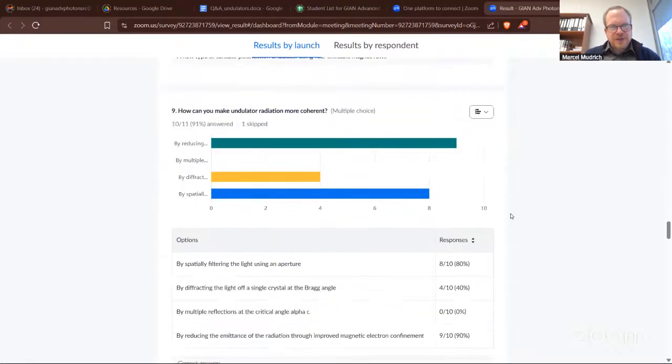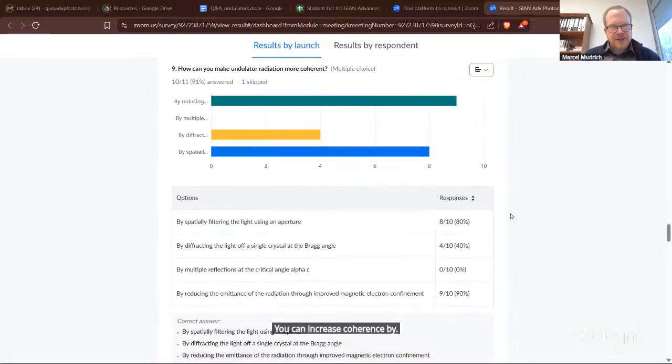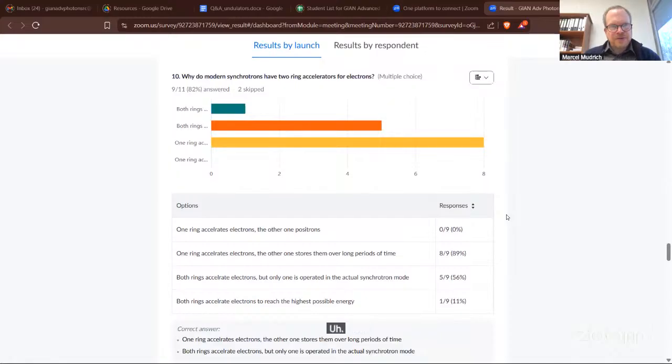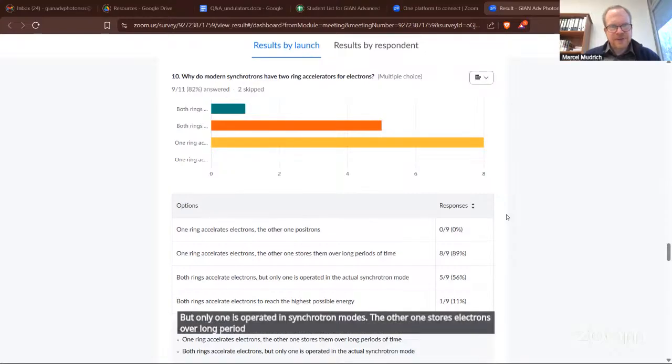You can increase coherence in three different ways. That's correct. Synchrotrons have two rings, but only one is operated in synchrotron mode, and the other one stores electrons over long periods of time. That's correct.